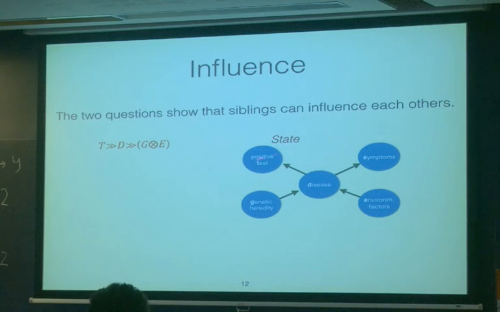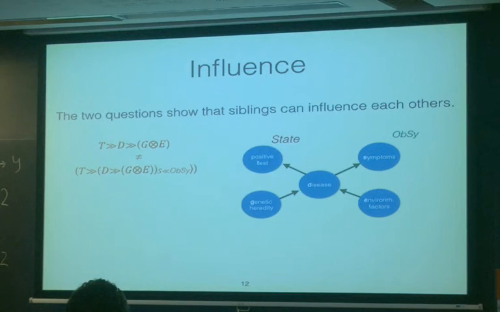If I have a state which gives me the positive test, and if I have another state which is the same state but conditional over something I observe over the symptoms, in general these two states will be different. So this is what influence means. Adding this observation changes the state of positive test.